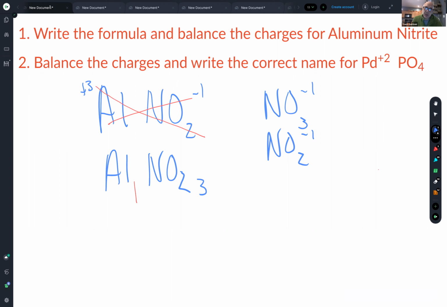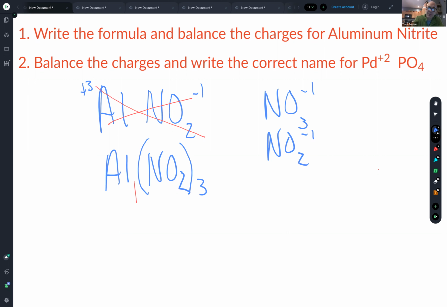So we must distinguish the fact that we are making 3 of the nitrites. So we must put parentheses around the polyatomic. That's one of the sure signs that you have a polyatomic, is if you have parentheses around it. All right, so now that is the balanced formula for the compound, if you will, for aluminum nitrite.